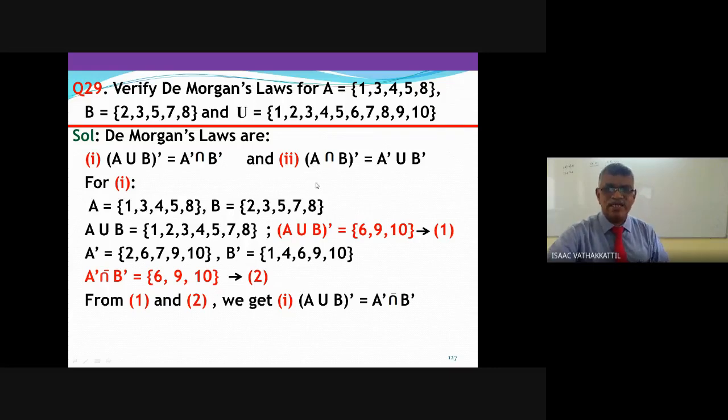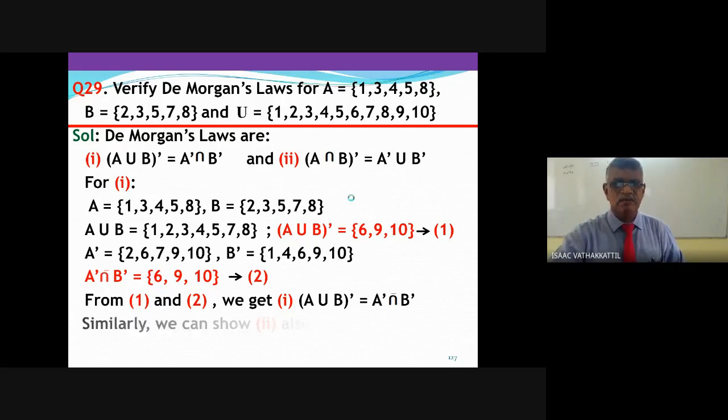How will you go for the second? First you find A intersection B, take its complement, then you find A dash, which is already here, and B dash, which is here, and you find A dash union B dash. You will try it, you will do it.